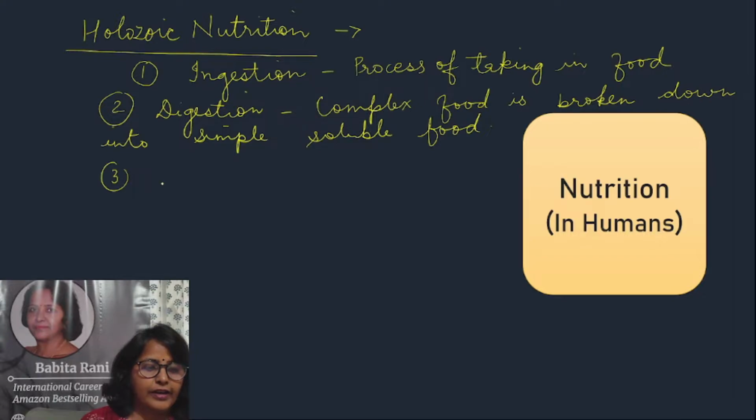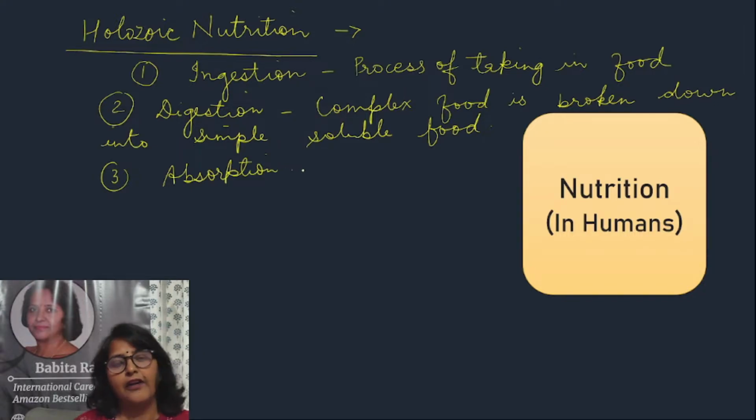And the third one is absorption. After the food is broken down into simple soluble forms, it is absorbed by the cells of the small intestine, that is the inner layer of the small intestine.